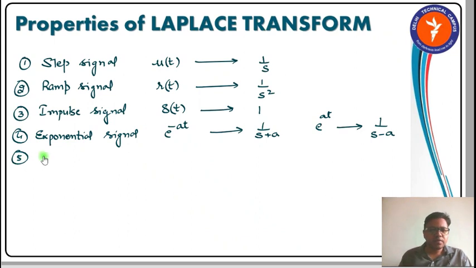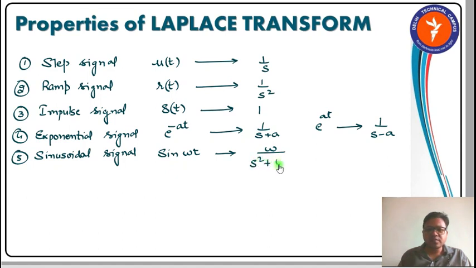Next is sinusoidal signal. Say I have sine omega t, and its Laplace transform is given by omega divided by s square plus omega square.